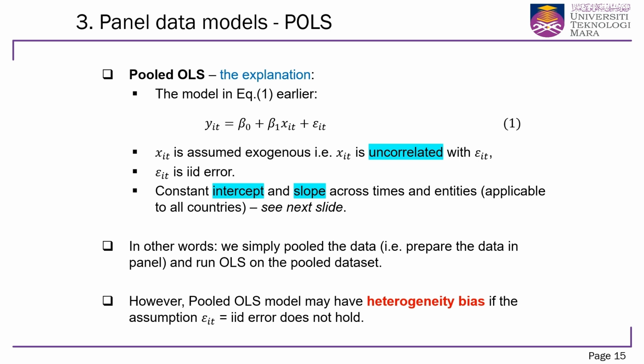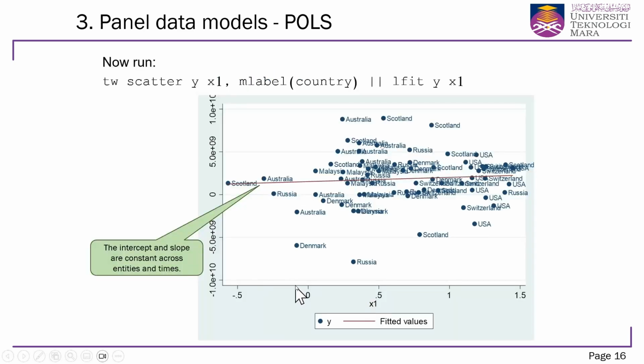However, we must remember that this assumption is quite strong, and pooled OLS may eventually encounter heterogeneity bias if this assumption does not hold. In other words, when the unobserved heterogeneity indeed exists in our panel data, the pooled OLS model is no longer consistent and unbiased.